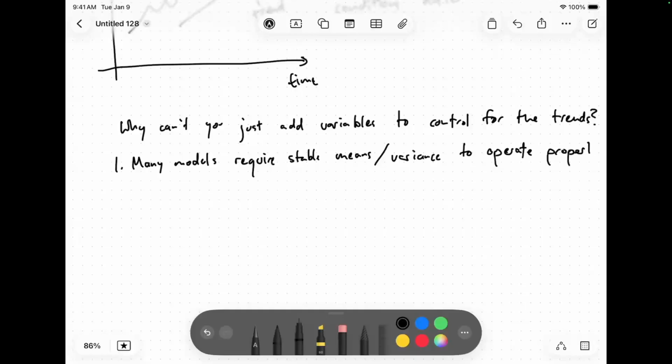And so what this tells us is that no matter how many variables I add into my regression equation, you can't get rid of the unstable mean problem. And so you'll never really get rid of the bias that's introduced from this particular feature of this data set.